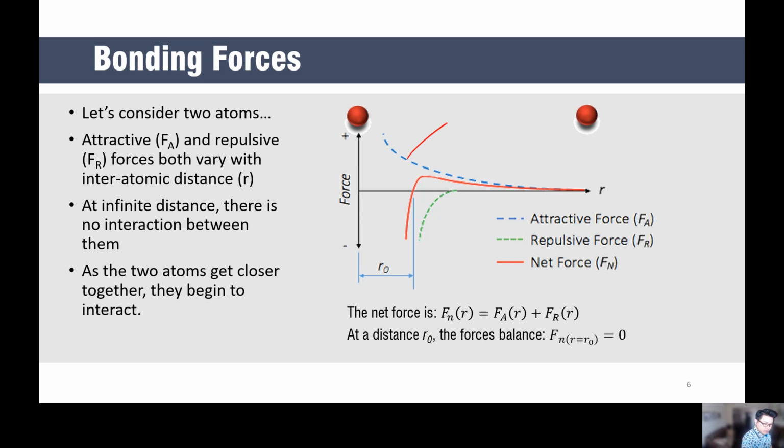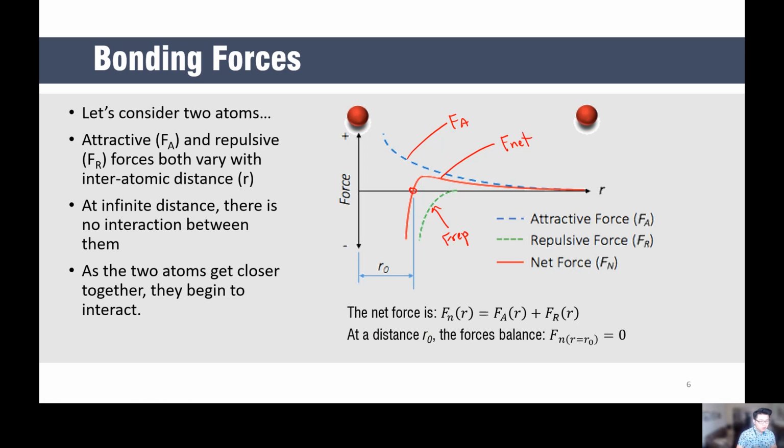So here, the blue curve is the attraction, the green curve is the repulsion, and the red curve is the net force. If you add the attraction and the repulsion, you'll find that the red curve, at very long distance, will look identical to the attraction force, and then it will curl in, but because short range repulsion is coming in, eventually it will drop back down, and at very low distance, it will look almost like the repulsion force.